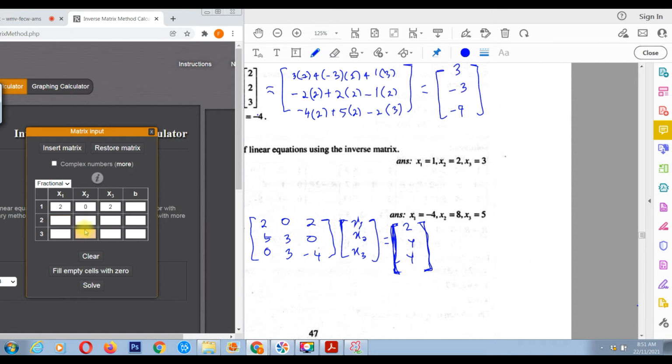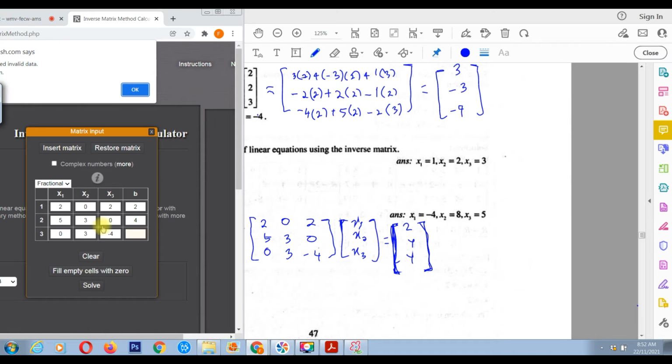Even though you have a calculator, make sure you can convert it into your handwriting, so that you do not miss the marks. A lot of marks will be given. So since it is online, you can practice this so that you can easily score. I hope you can score, but you still need practice. So I click solve.